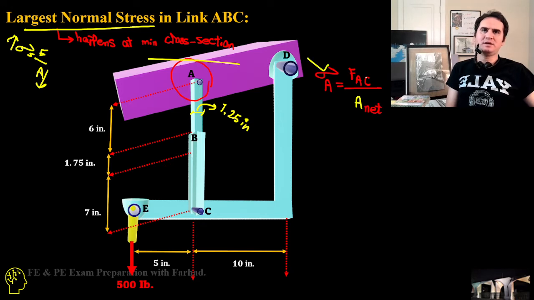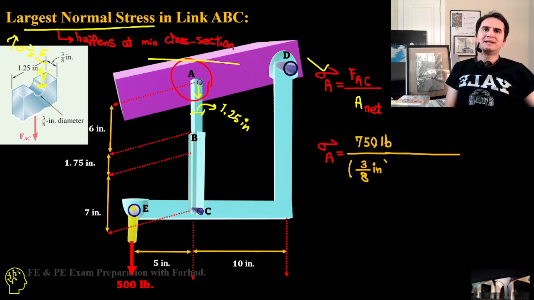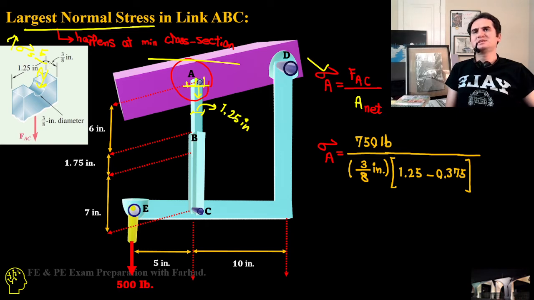So sigma A is FAC over the net area at the top. If you look at the configuration, this applies at the top part, where the thickness is 3/8 inches.